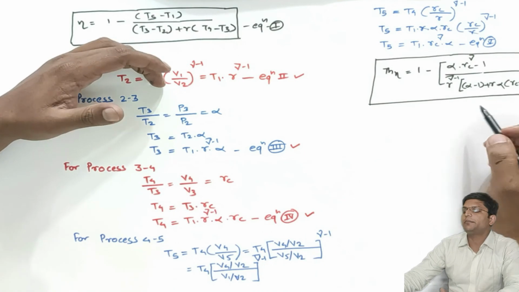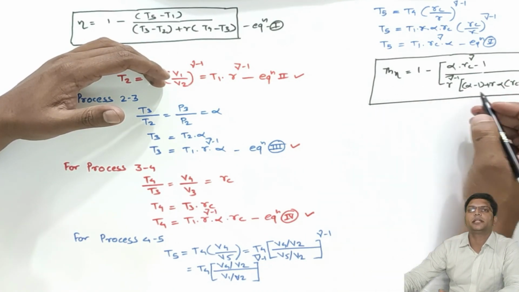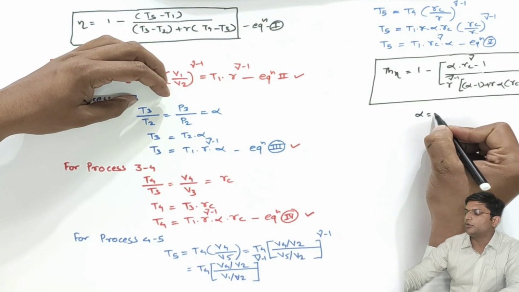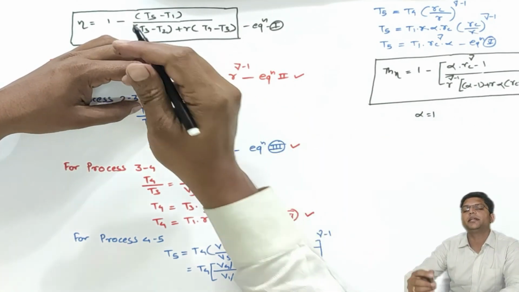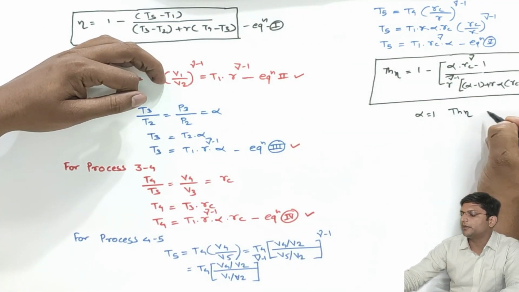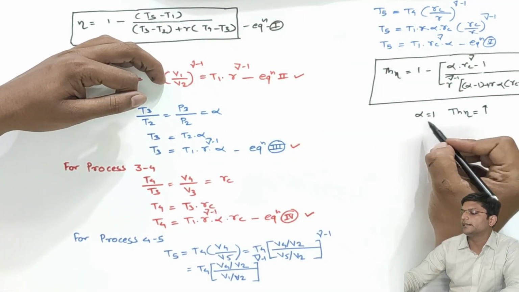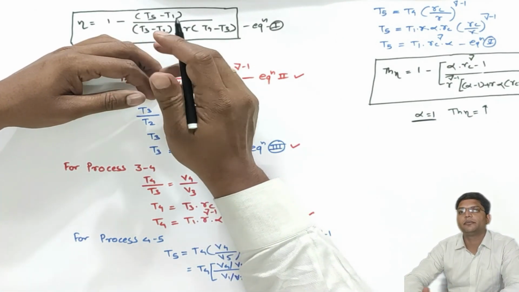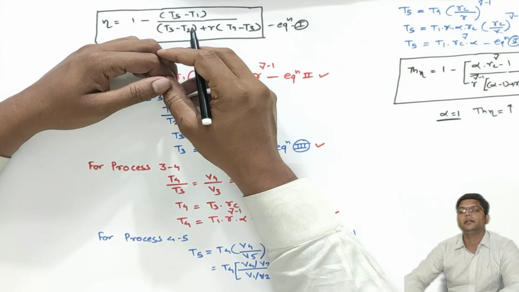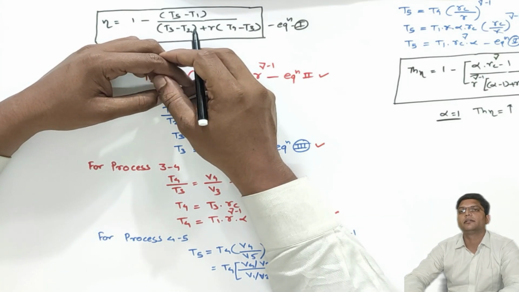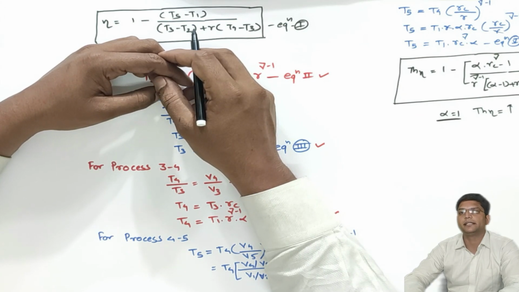Now by approximating the performance via the dual combustion cycle, if we put the value of alpha equal to 1, then the thermal efficiency of the dual cycle increases. So from this equation we understand the thermal efficiency of the Otto cycle is more than the dual cycle, and lower is the thermal efficiency of the diesel cycle.